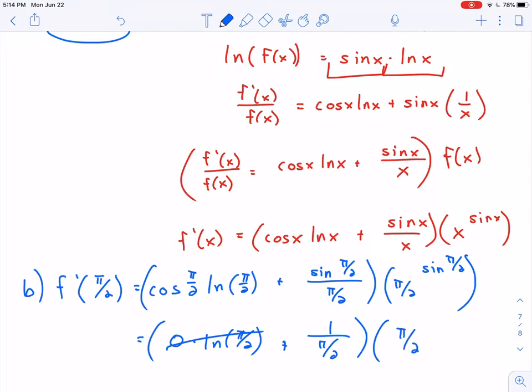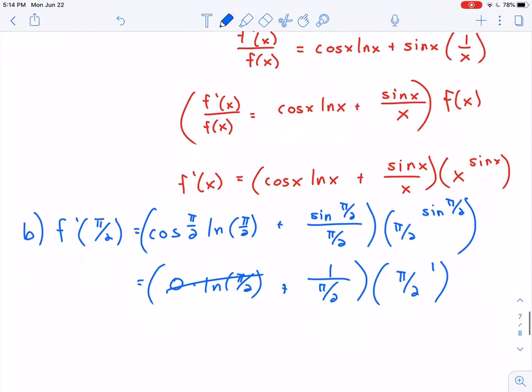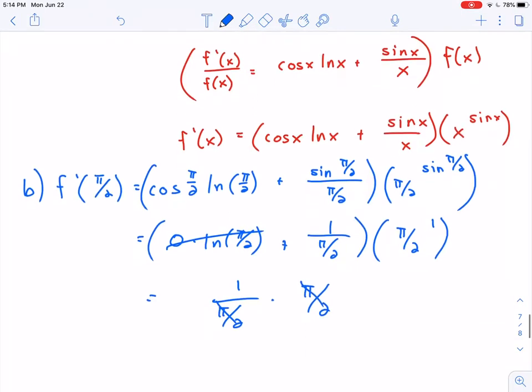Sine of pi over 2 is just 1, so to the first power. So I essentially have, actually I'm not going to simplify it, I'll have 1 divided by pi over 2 times pi over 2. These two cancel, and oh my goodness, look at this. My answer is just 1. How nicely that worked out. I was worried there for a second.